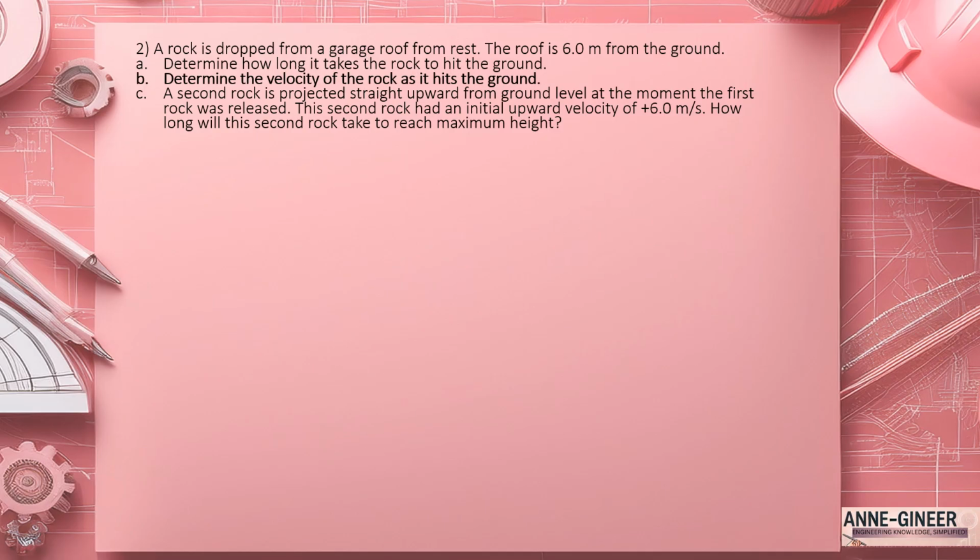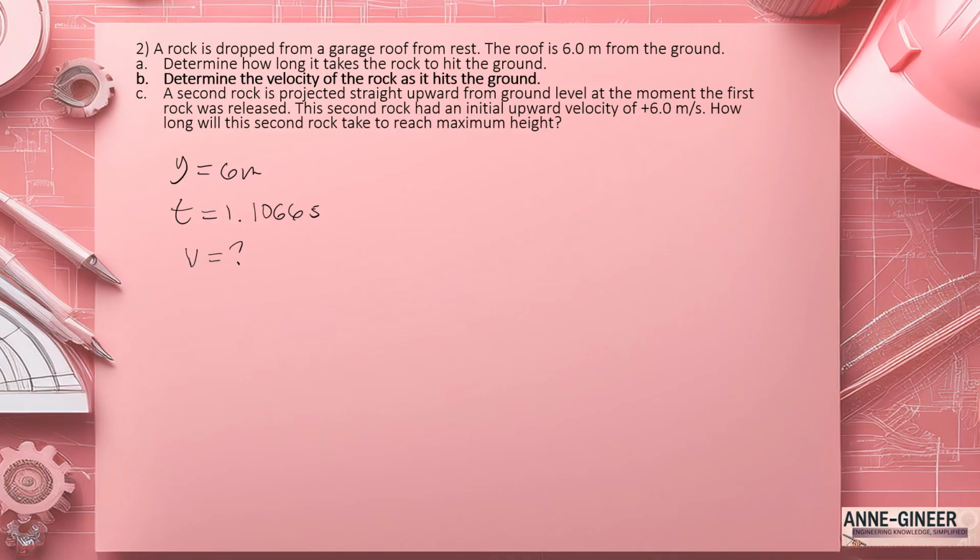For the next question, we have the height is 6 meters and the time is 1.1066 seconds. The question is, determine the velocity of the rock as it hits the ground.